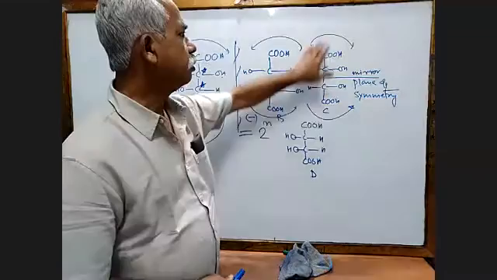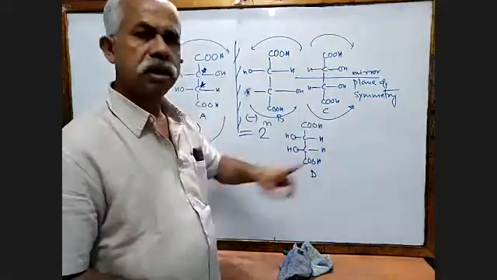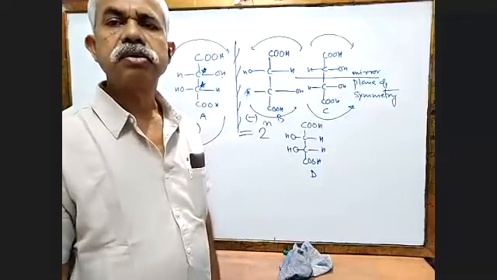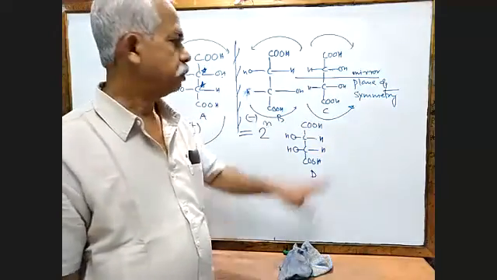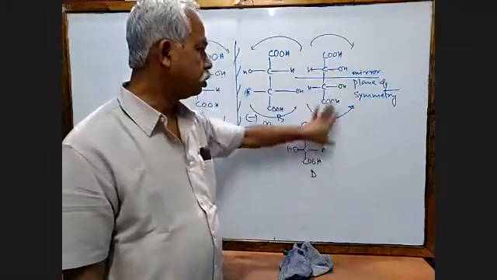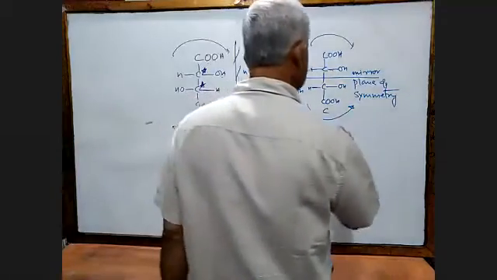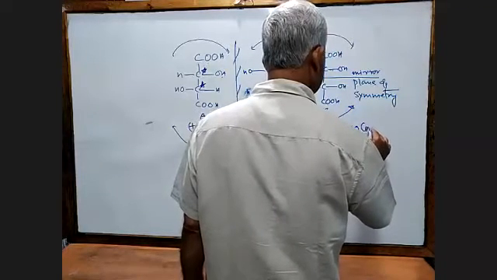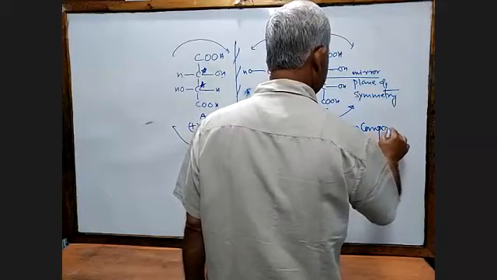Is it not this part will go up and this part will come down? Is it not the same one? So in that case you will find this molecule also will not be optically active. So these two molecules are called meso compounds.